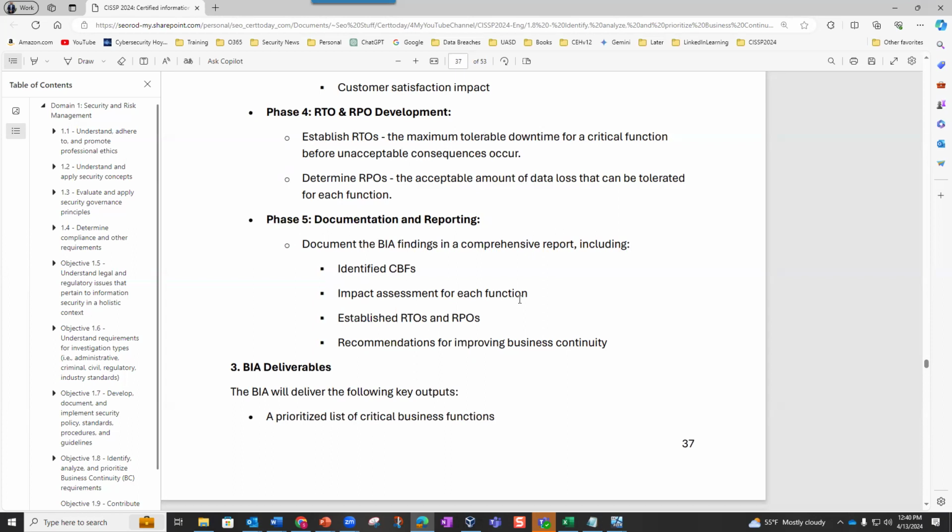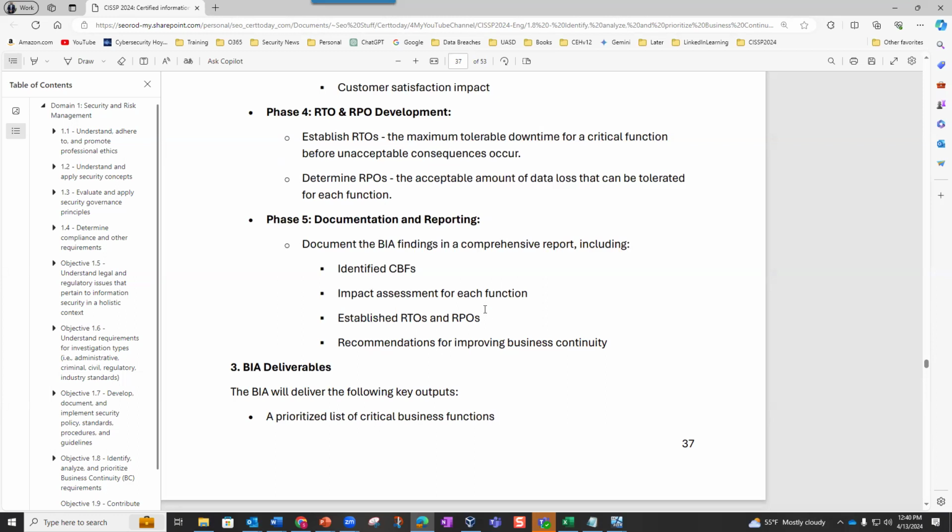In phase five, documentation and reporting. Document the BIA findings in a comprehensive report, which might include the identified CBFs, the impact assessment for each function, established RTOs and RPOs, and recommendations for improving business continuity.